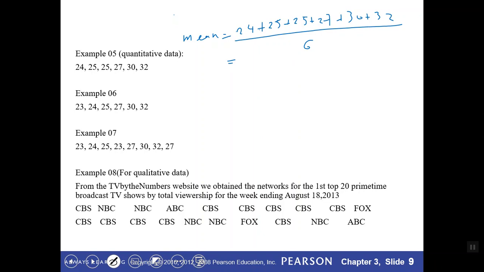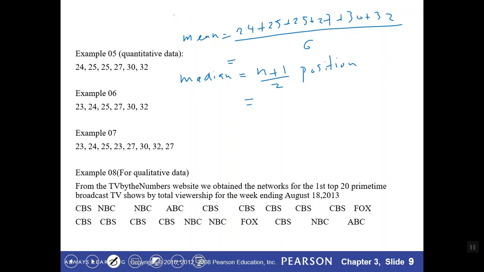Okay, this data set is in its ascending order, so I can directly find my median. Median is the mid value in my data set. So how do we find it? (n plus 1) divided by 2, that position is the median value.